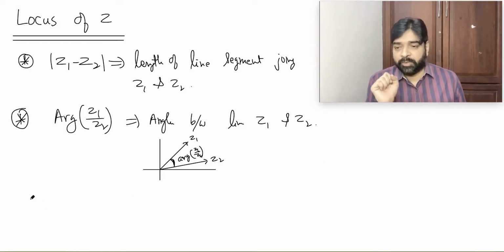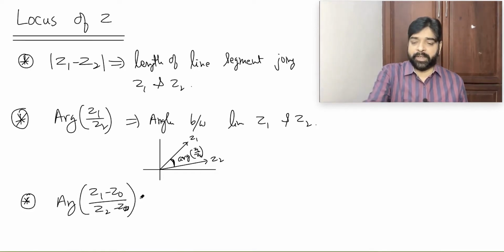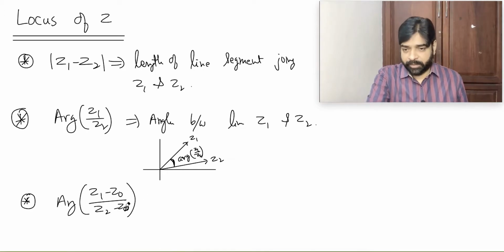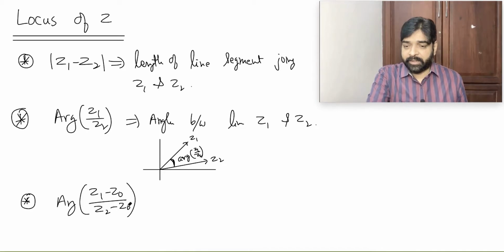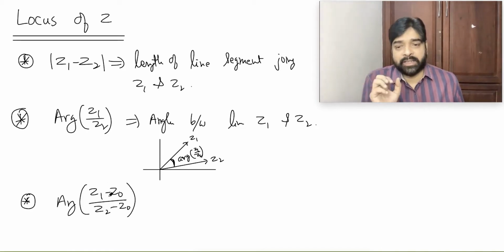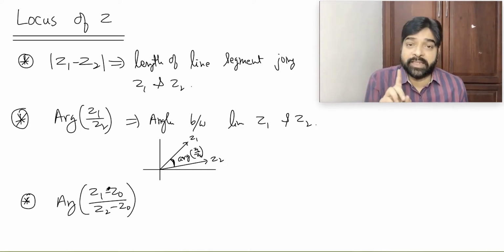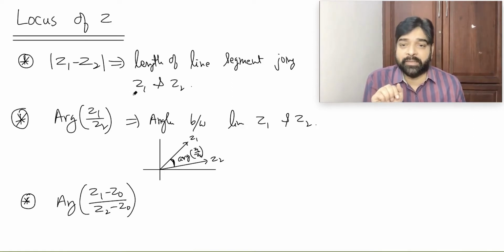If I ask you the next one, argument of Z1 minus Z0 divided by Z2 minus Z0, what is the geometric meaning of this? So first thing, this represents the angle between this and this. What is this? This is the line joining Z1 and Z0. You say, sir, the mod is there. Here I mentioned length, length of line joining Z1 and Z2.